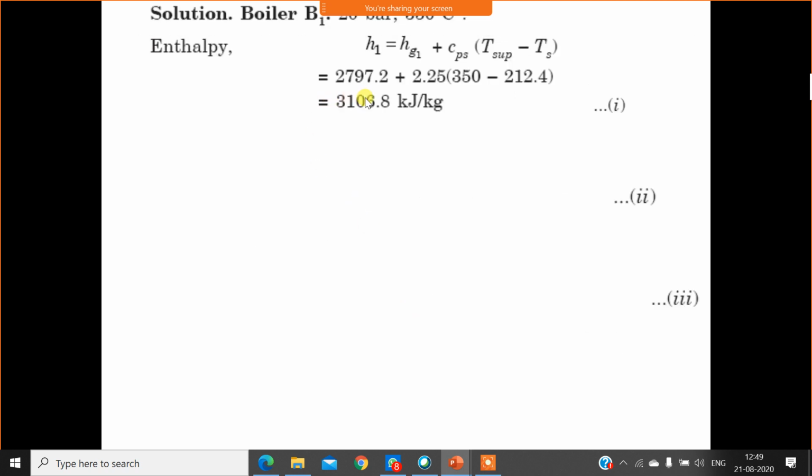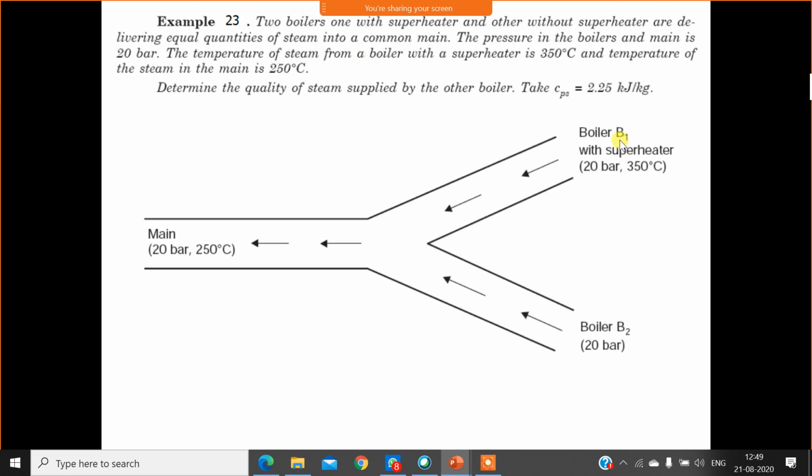Means we have to calculate the dryness fraction of the steam supplied by the second boiler, B2. Now, the enthalpy of steam supplied by boiler B1 is equal to H1. Look here, it is superheated. We can check whether it is superheated or not.